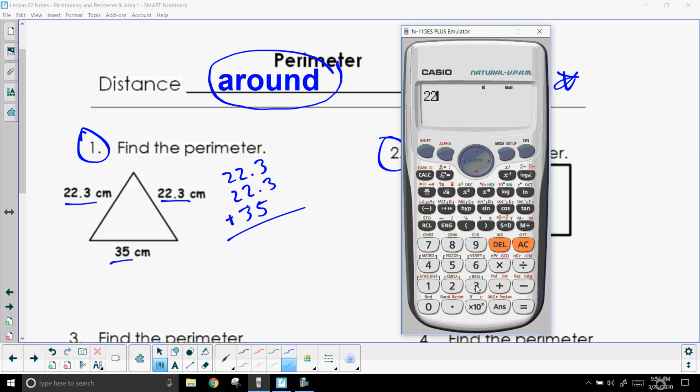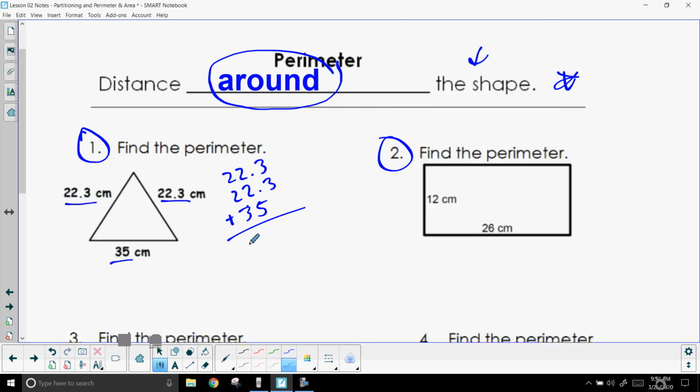So 22.3 plus 22.3 plus 35, and we get 479.6. Boom. Done. Centimeters. Perimeter for this.